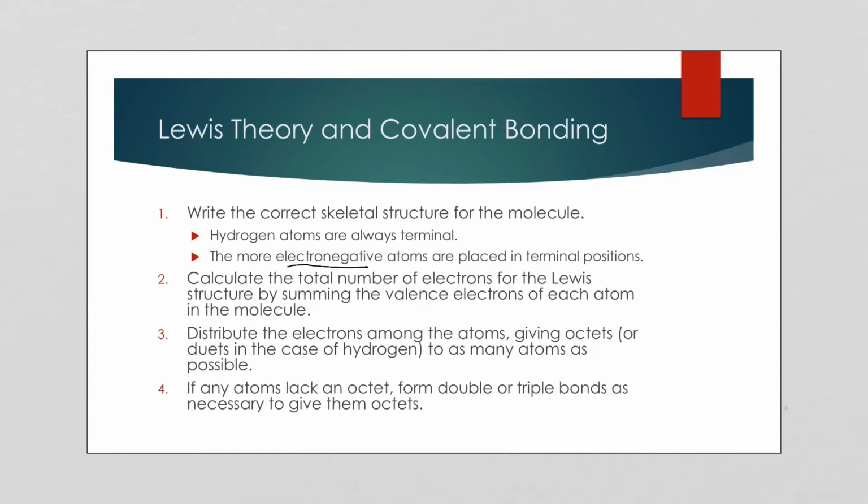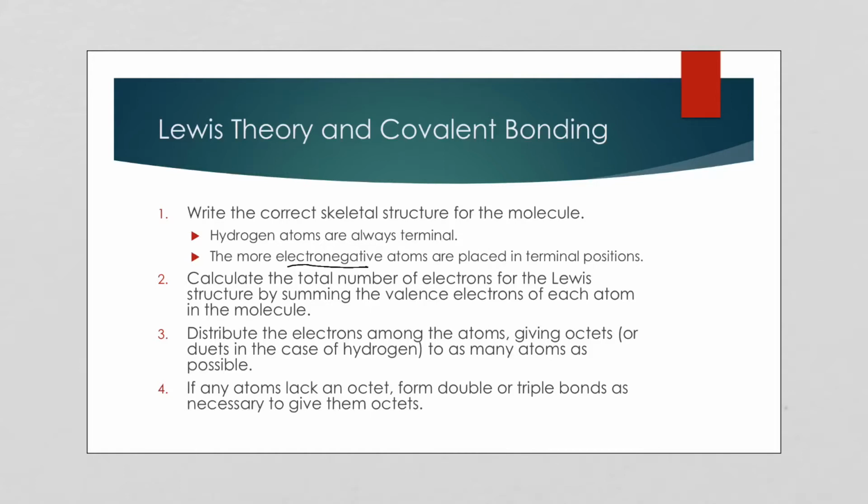We start by looking at the terminal atoms first and try to give them an octet. Then, if we can, we go to the central atom and give it enough electrons to have an octet. Through all this, we're restricted by a maximum number of electrons: we have an exact number that has to be there.